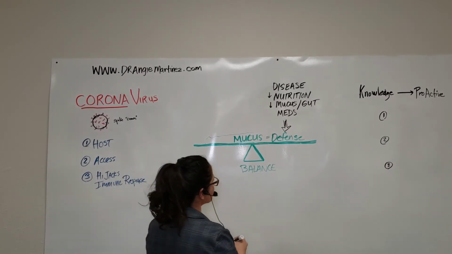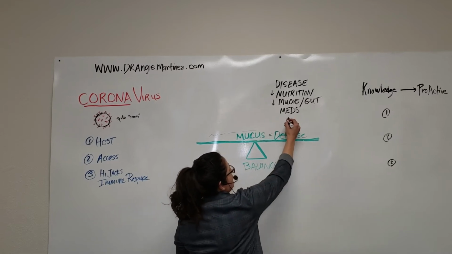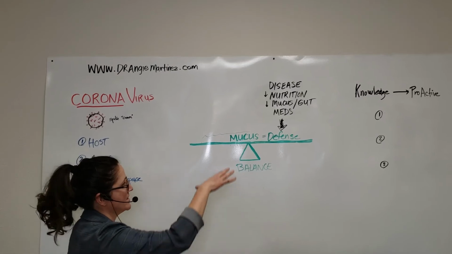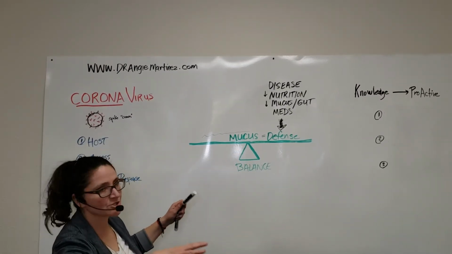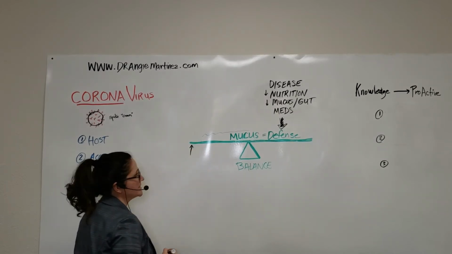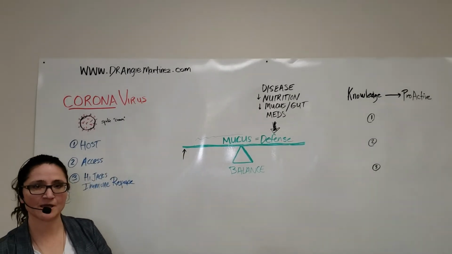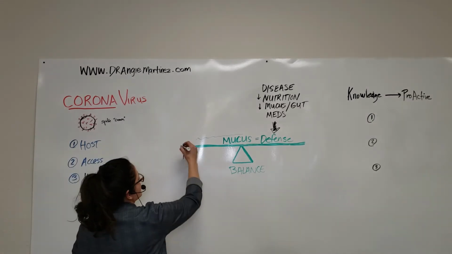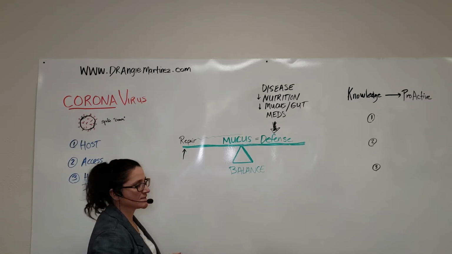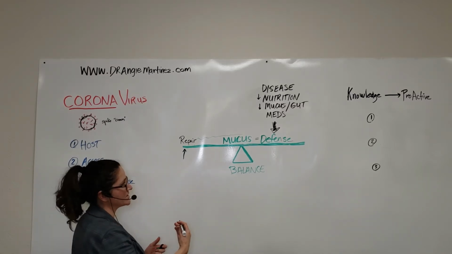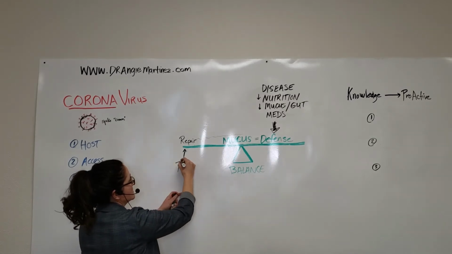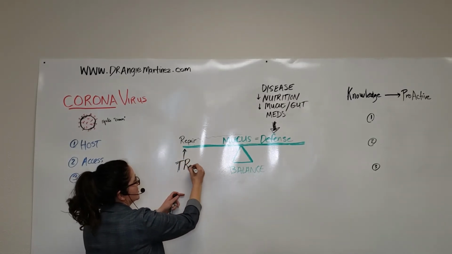So for my patients who come to me with these conditions, our goal to balance out this pressure is basically to build up this end of the balanced lever. What this end is, we want to repair our mucus defense, and we also want to support our mucus defense. And we support inflammation with what's called a T regulatory cell.